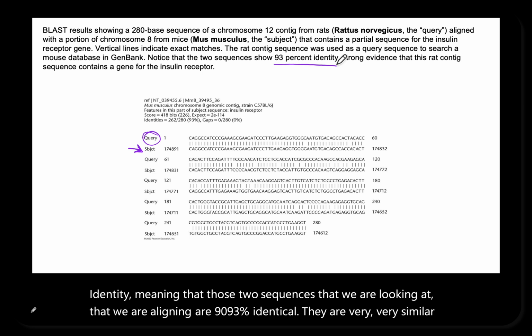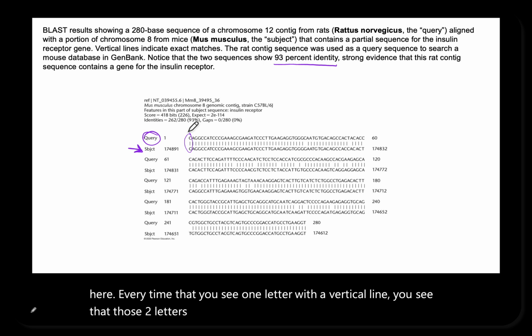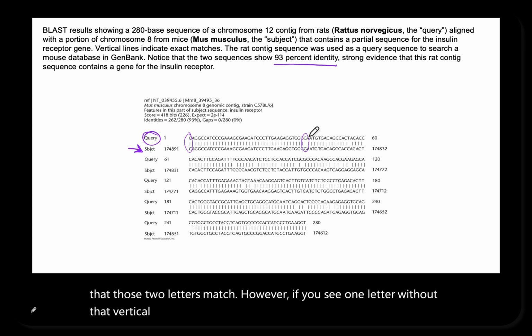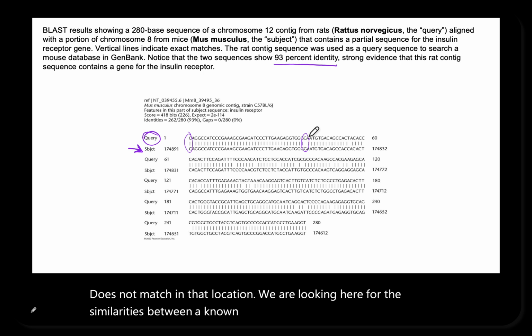Here, every time that you see one letter with a vertical line, those two letters match. However, if you see one letter without that vertical line, then the base does not match in that location. We are looking here for the similarities between a known sequence in our mouse and an unknown sequence in the rat.